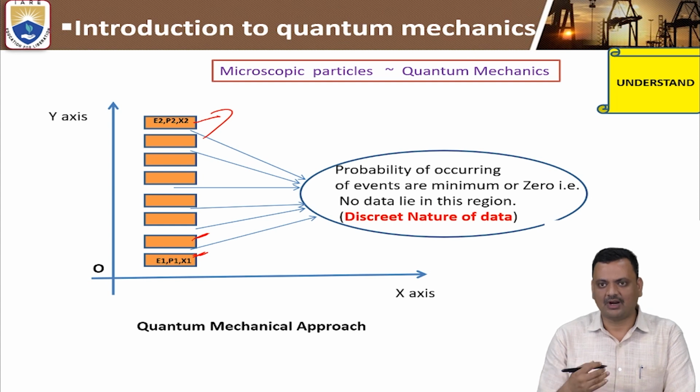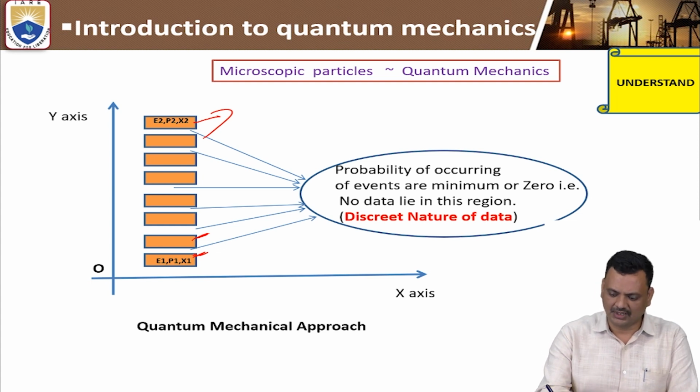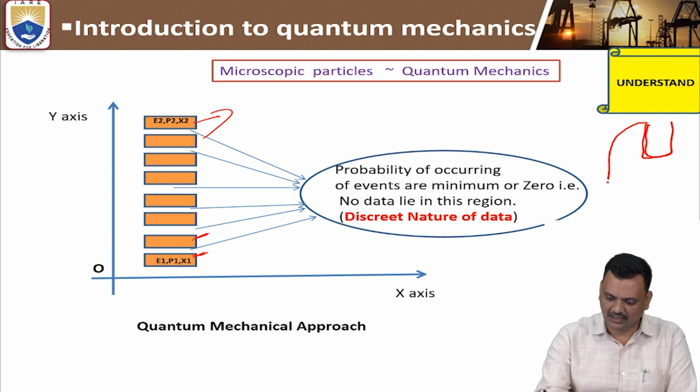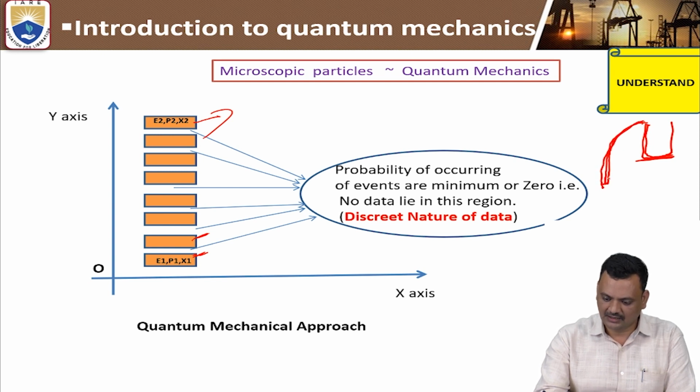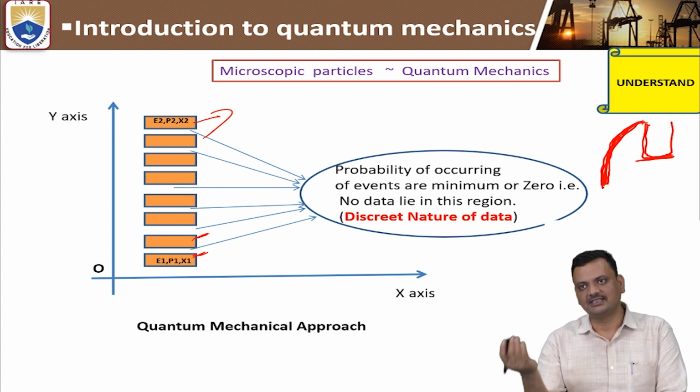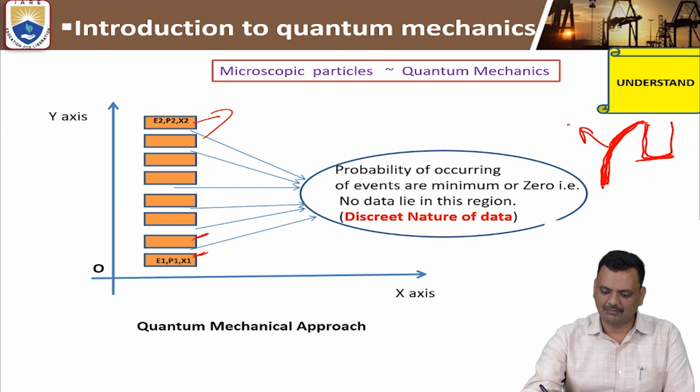If I give one very common example, suppose you have a jug of water and you pour this water from a higher surface, and the water flows in a continuous manner. This flow of water is considered a classical approach.